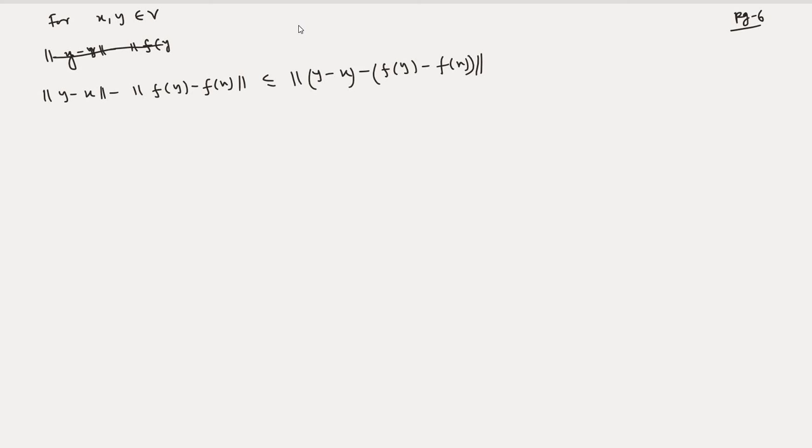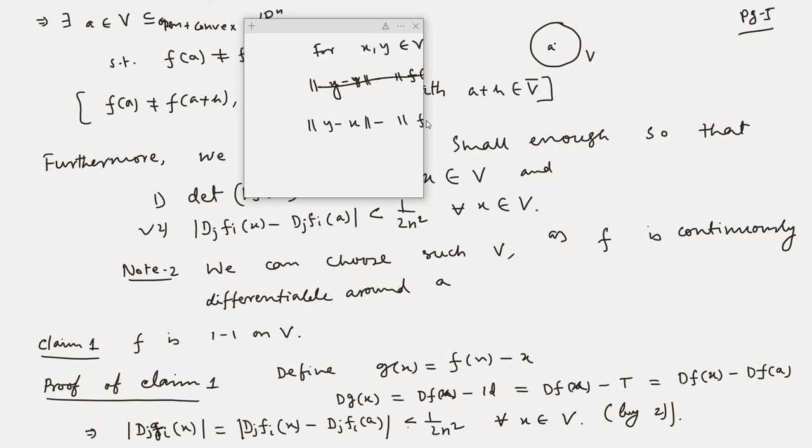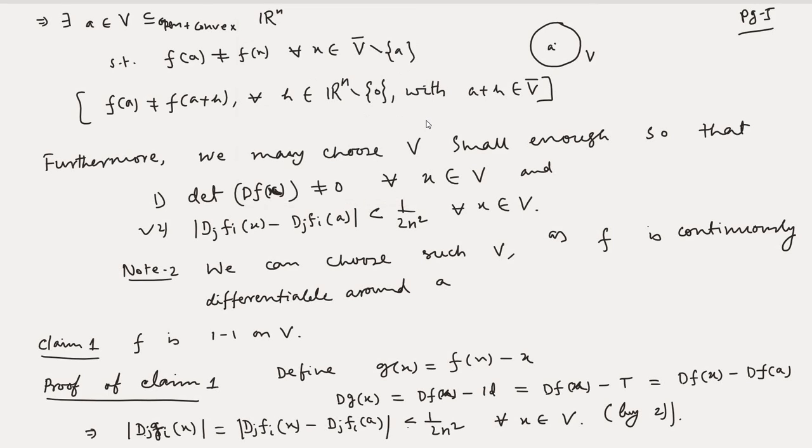This is equal to norm of g of y minus g of x, and this is bounded on V. So the partial derivatives of component functions of g are bounded above by m equal to 1 over 2n squared.